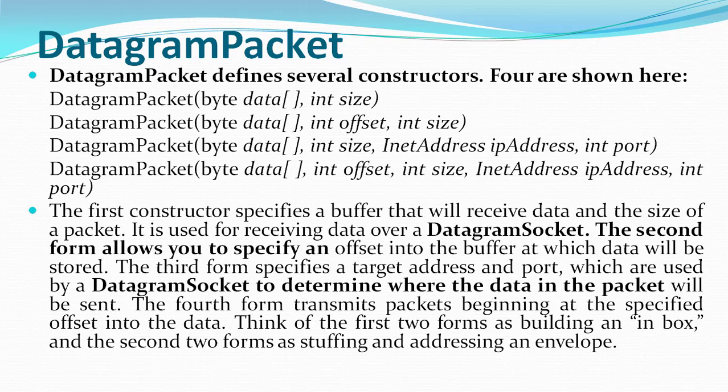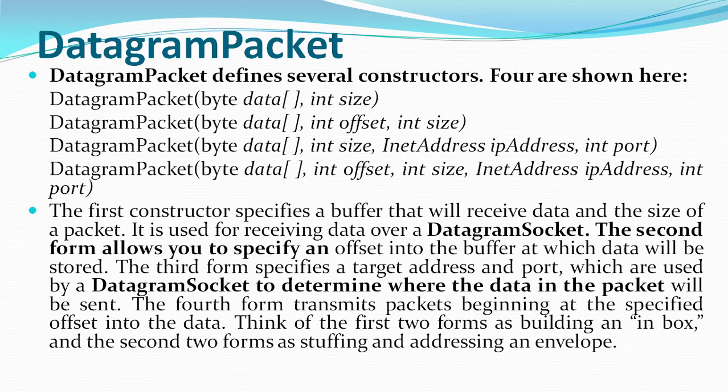The third form specifies a target address and port, which are used by a datagram socket to determine where the data in the packet will be sent. The fourth constructor transmits a packet beginning at the specified offset into the data.